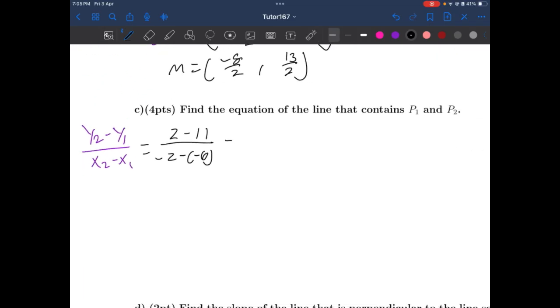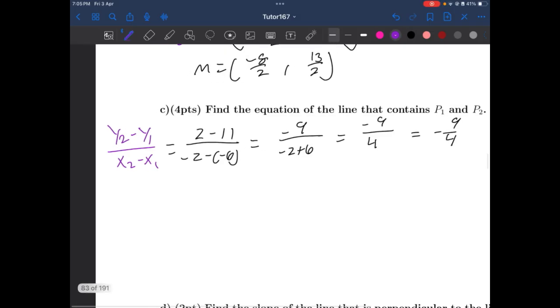So that's equal to negative 9 divided by negative 2 plus 6, negative 9 divided by 4. So the answer is negative 9 over 4.